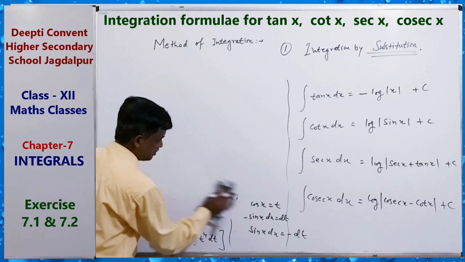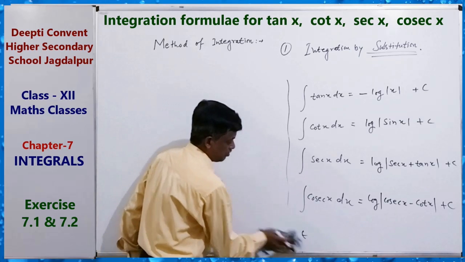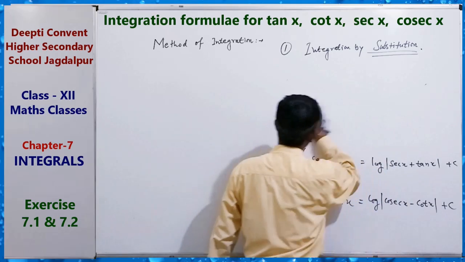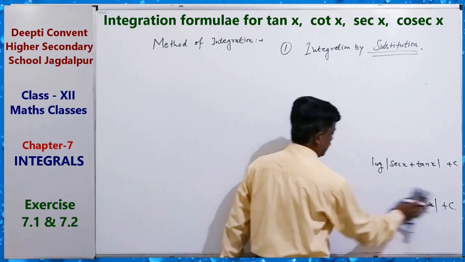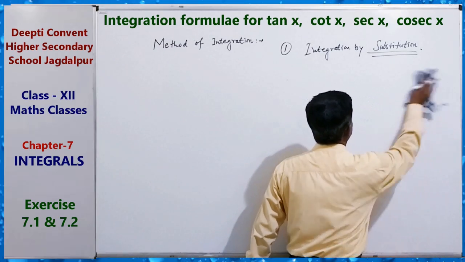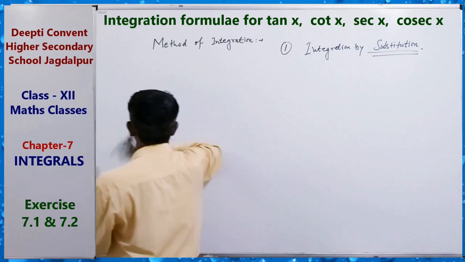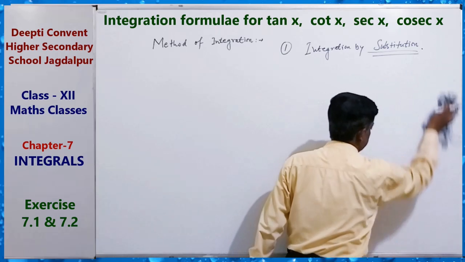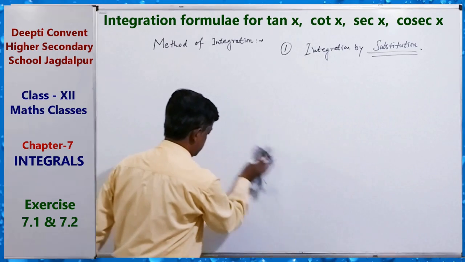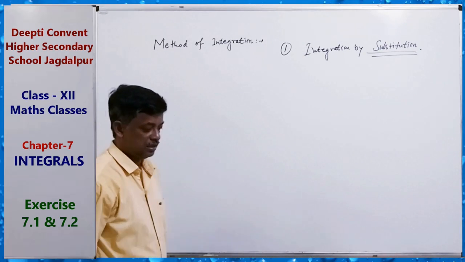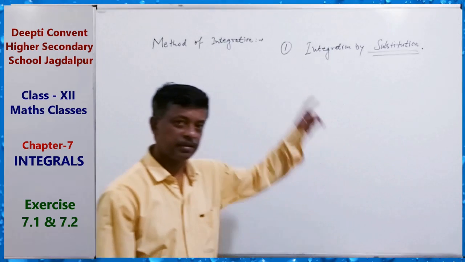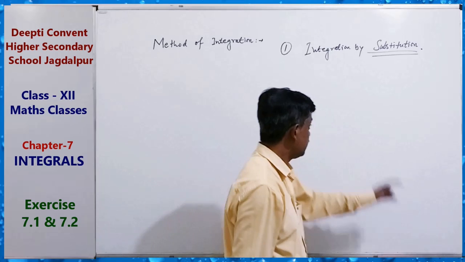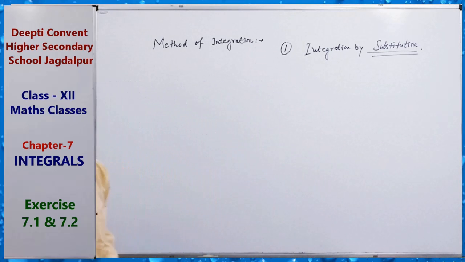Then we have to substitute that quantity as a new variable t and proceed for integration by converting it in such a way that the integration of every part can be found by using elementary formulas.